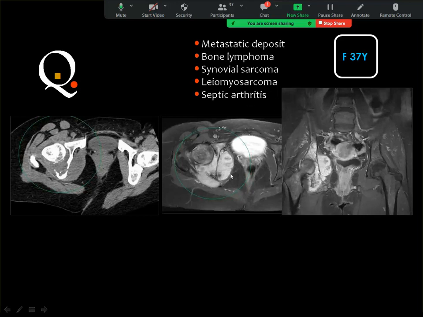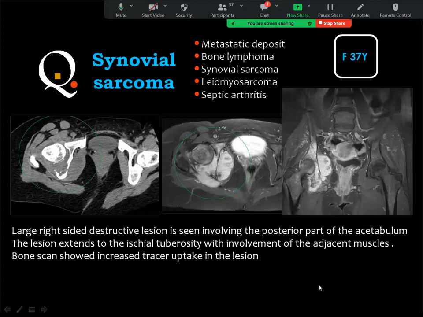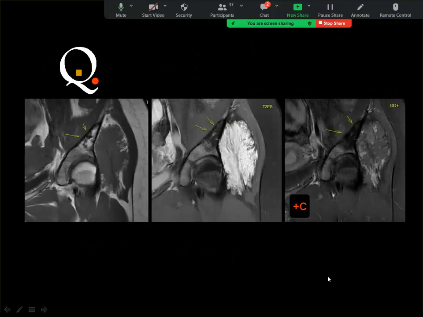There are no signs of inflammation here, and the femoral head is intact. For the diagnosis of arthritis, both articular surfaces, the acetabulum and the femoral head, should be affected. But here, the main bulk of the lesion is located extra-articular with an extraosseous soft tissue component. Then if you say that this is metastasis, you are right. If you say that this is lymphoma, this is a good possibility. But this lesion was proved by biopsy to represent a synovial sarcoma.